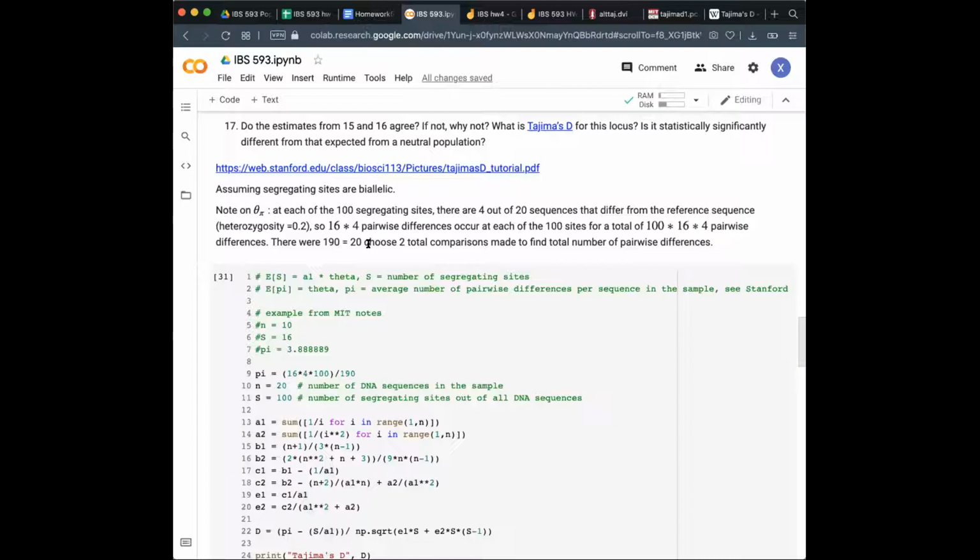So when Tajima derived, let me see if I can even find it. Tajima derived his heterozygosity pi measure. So can I share this with you guys?